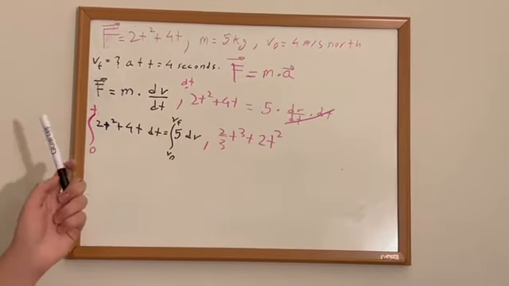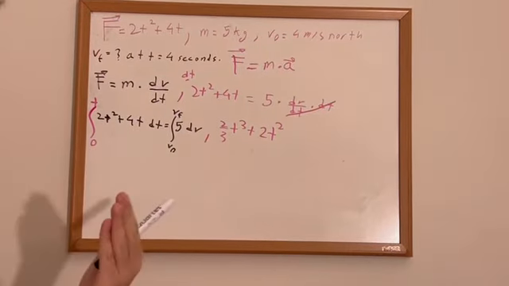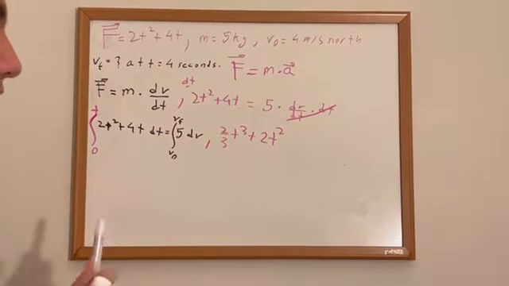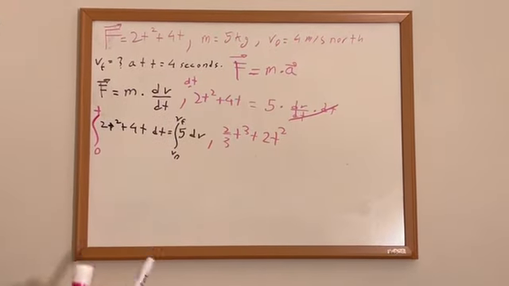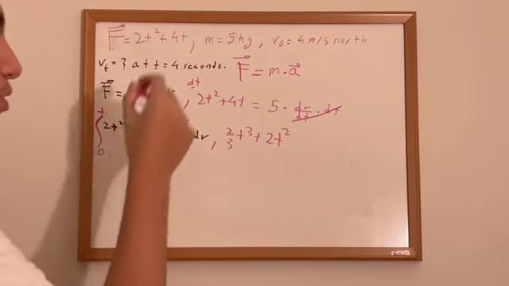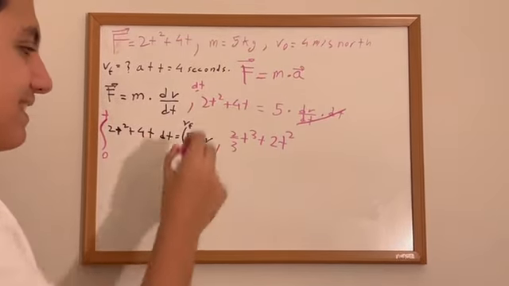We don't add a constant because we're integrating over limit bounds, 0 to t. Integrating over 0 to t gives the same result as just integrating without plugging in any values, because for 0 it will be 0, and when plugging in t, we get the same thing.